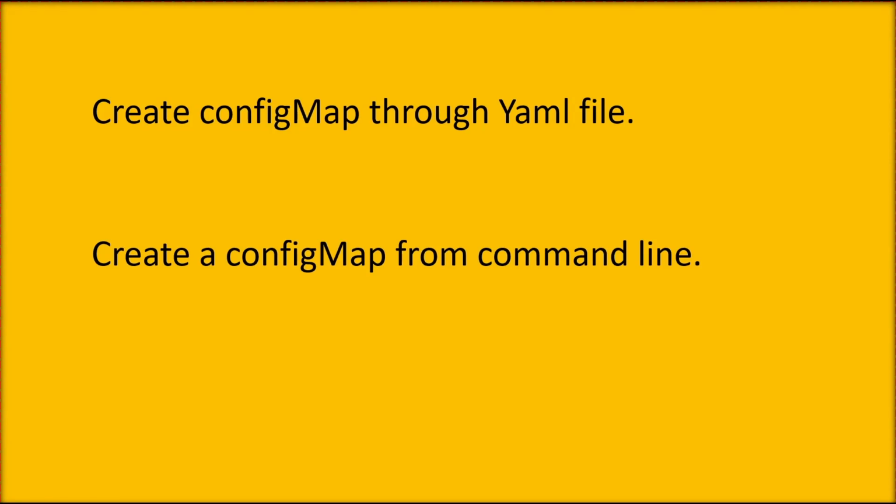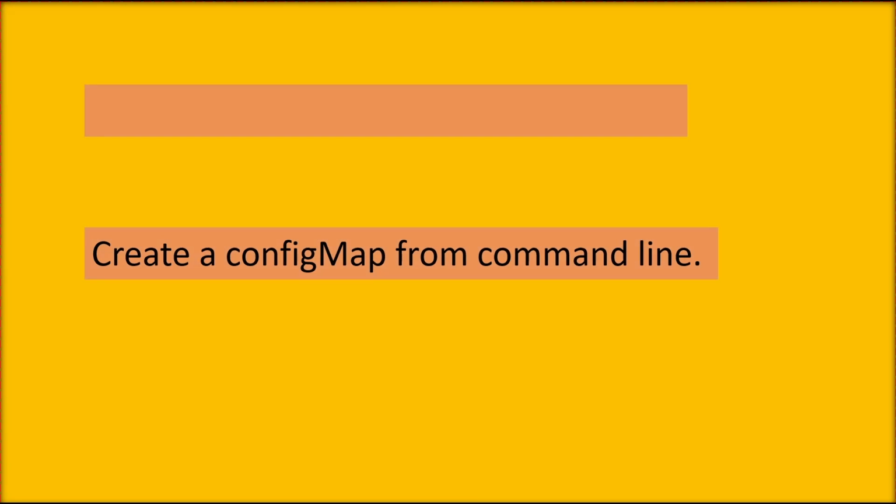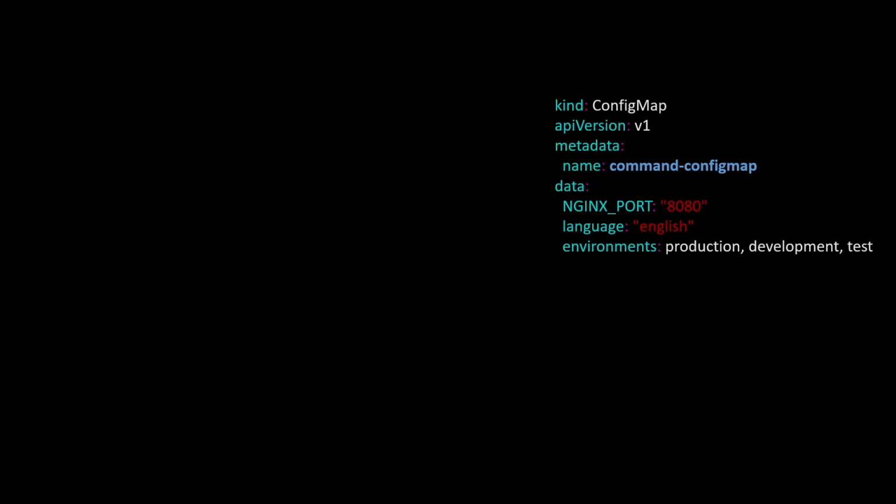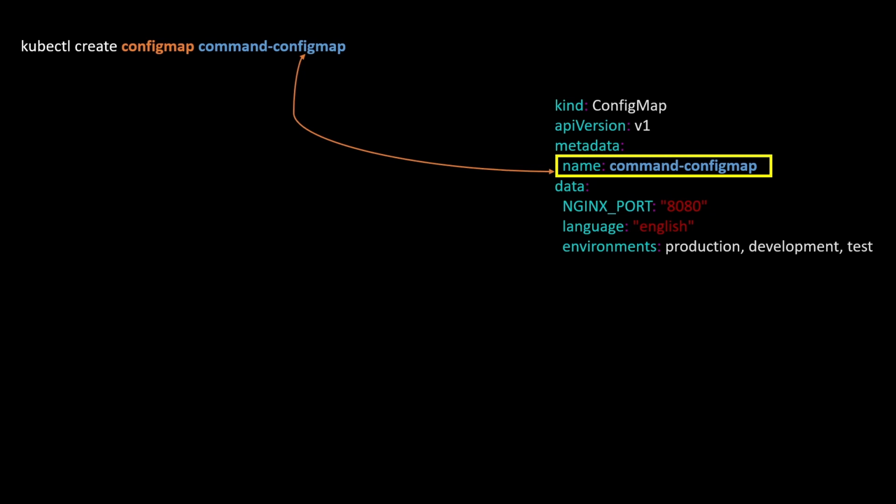Now let's explore the second one, that is, create a config map from the command line. In order to create a config map from the command line, I just take a reference from the previous YAML file so that we can understand it better. First, we need to use the kubectl create subcommand, then the object type is configmap, and after that we mention the config map name, that is command-configmap.